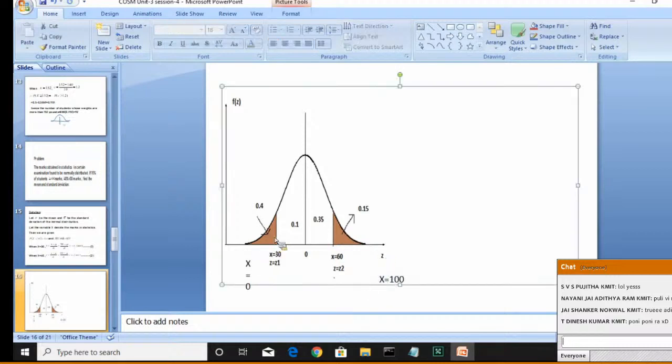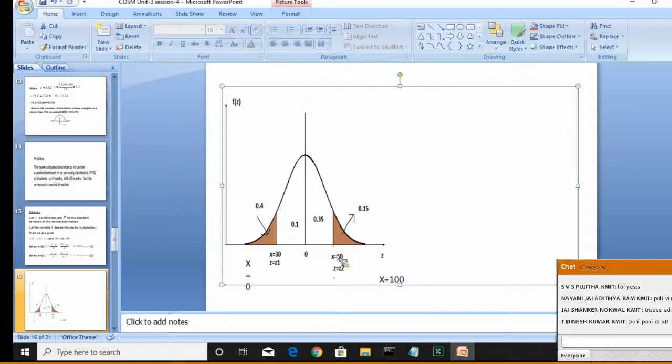So this line, according to X, I will consider as 50. But the figure represents Z. 0 represents the mean of the standard normal distribution, that is why I have written 0 here. Understood? So x equal to 30 is coming on the left side, x equal to 60 on the right side.